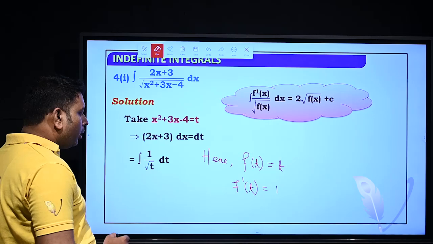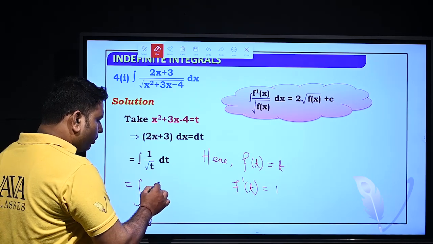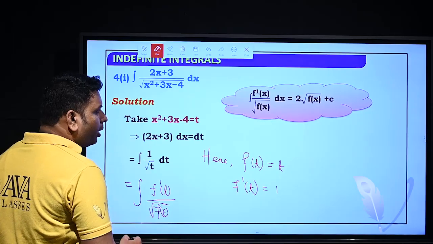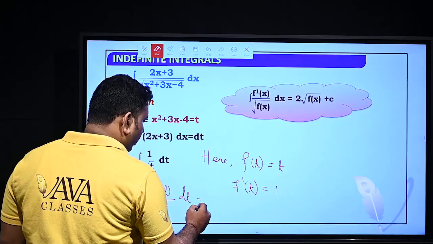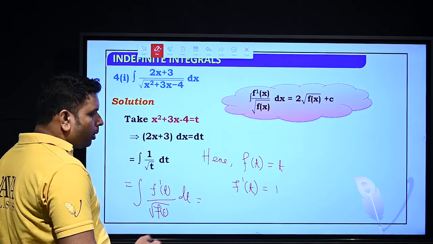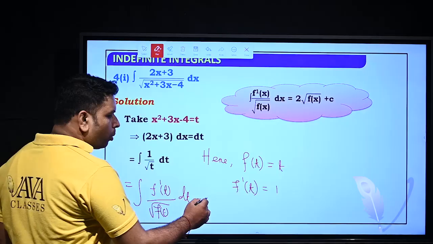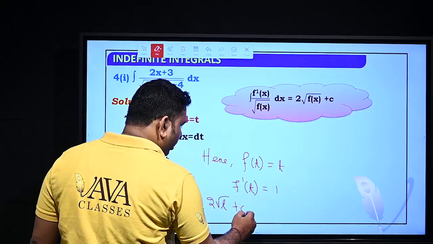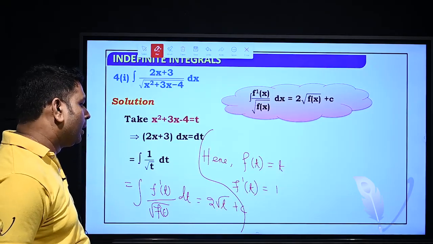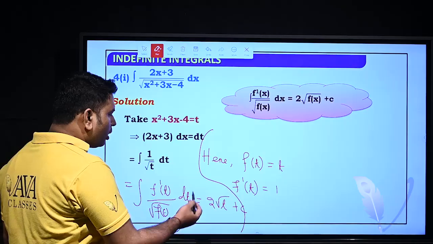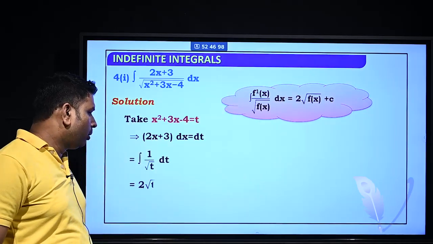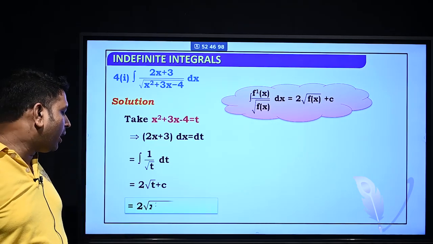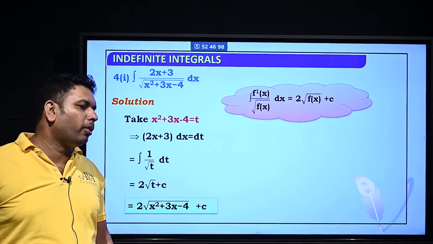Okay, so this equals the integration of f dash t by root of f of t dt. So it is 2 times root of f of t, and f of t is t, so 2 root t plus c. But t is x square plus 3x minus 4, so 2 times root of (x square plus 3x minus 4) plus c.